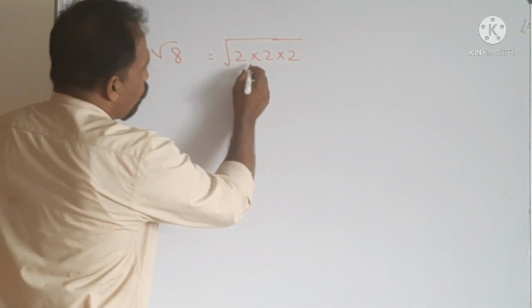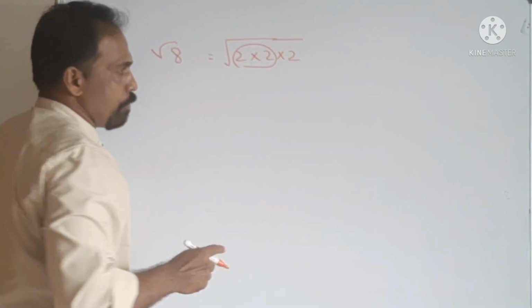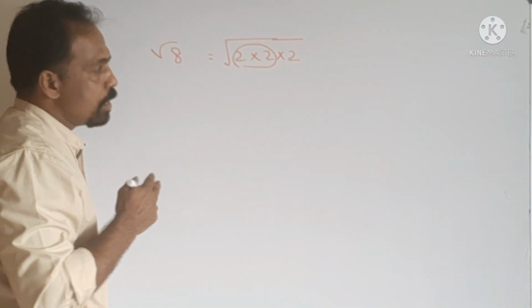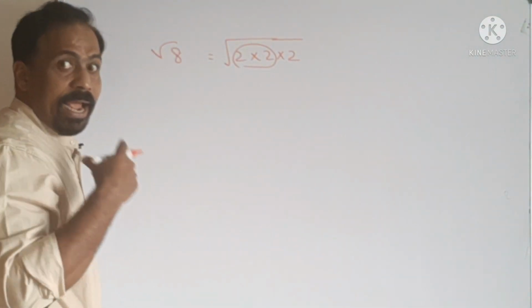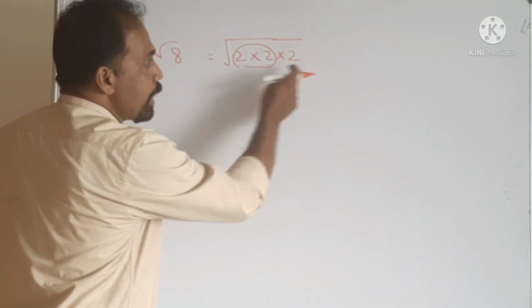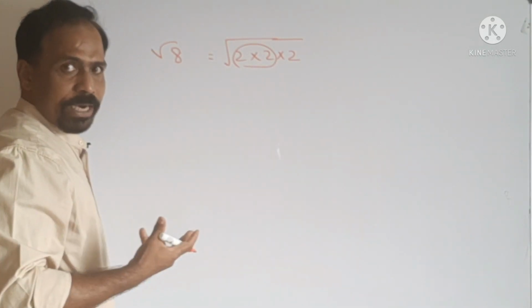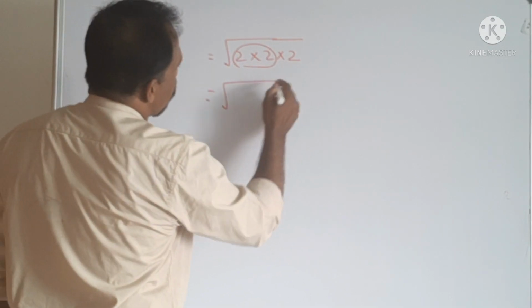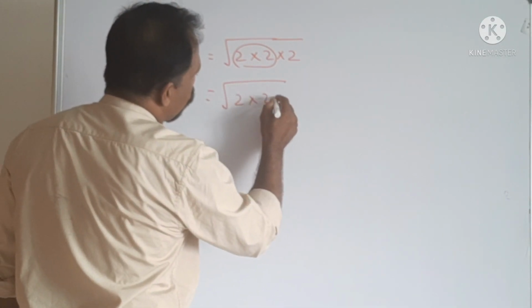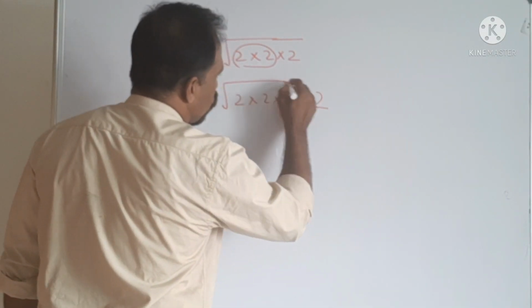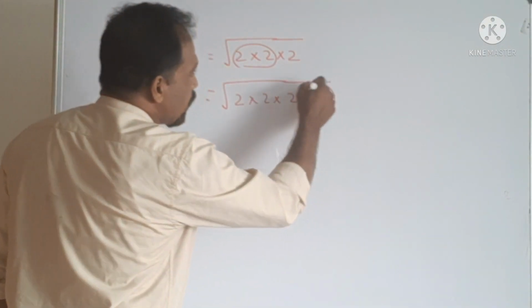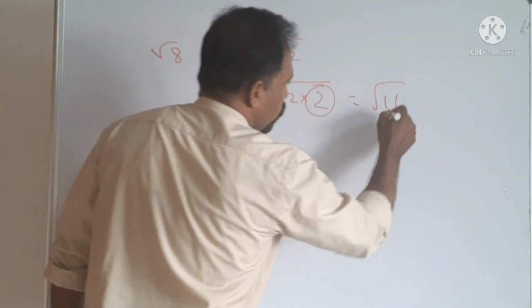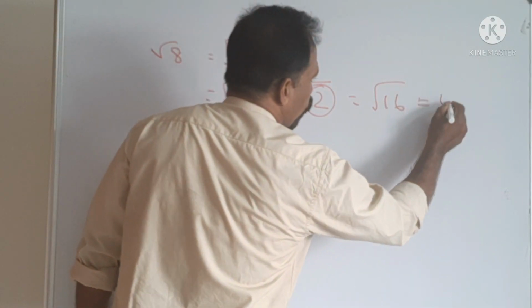So we can take one 2 outside. Here if we multiply it with another 2, then we can take 2 outside, then that will be a rational number. So if we multiply it with another 2, we will get root 16. Root 16 we know is 4.